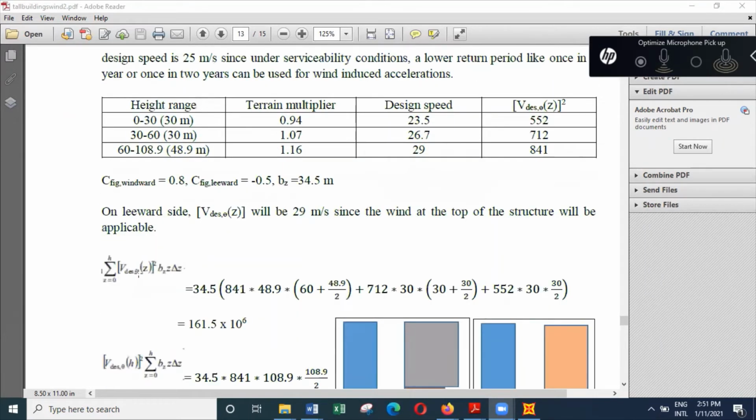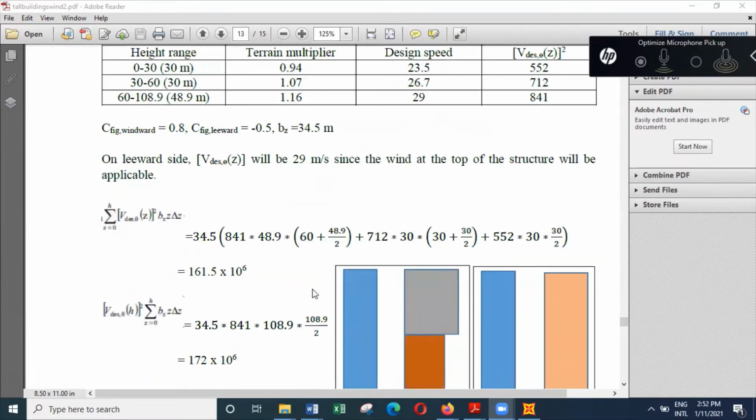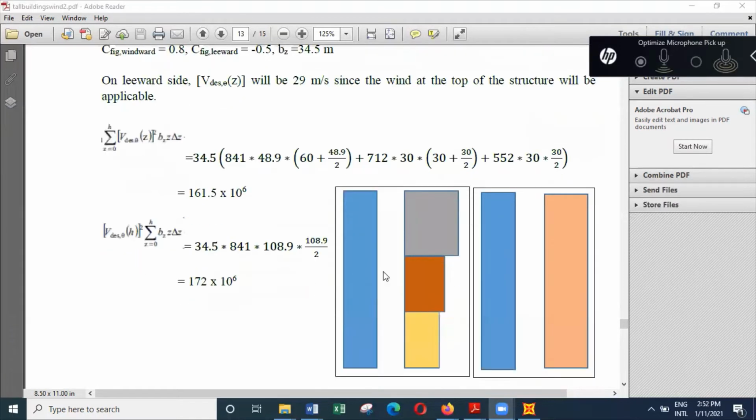So this value is equal to, first we get the breadth of the building, so I can take it out, 34.5, and then I get V design theta z squared 841 multiplied by the height of the section, that is 60 meters to 108.9, that is 48.9 meters, multiplied by distance to the centroid from the bottom.